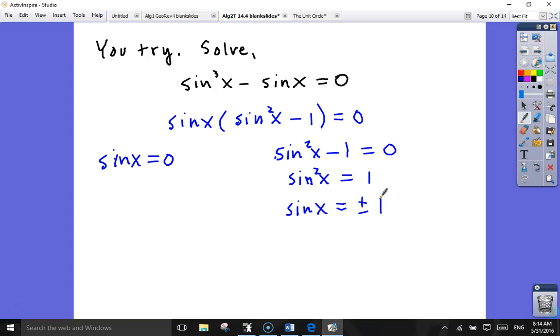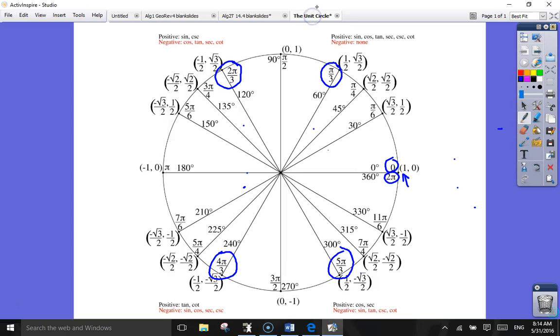So we should have got to that point, right? Either sine x is 0 or sine x equals plus or minus 1. Okay, well, where are all the angles that happens? Sine is 0, like we saw in the last problem, at 0 and pi and 2 pi and 3 pi, etc., forever. And where does sine equal 1 and negative 1?